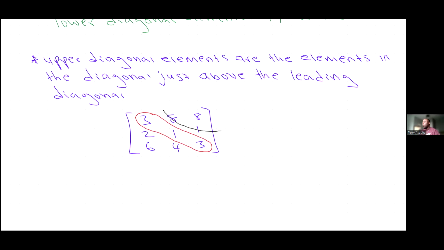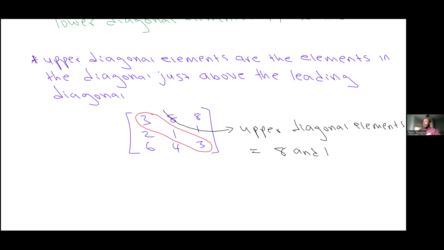So this is the upper diagonal element. Okay, so therefore, it will be 8 and 1.